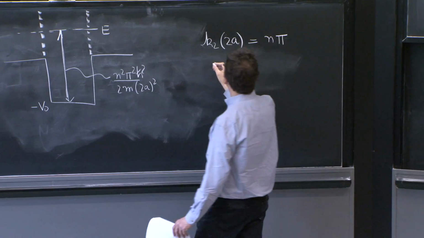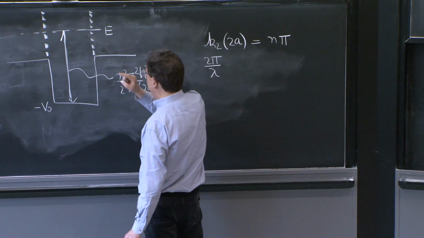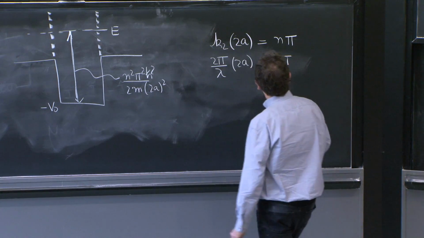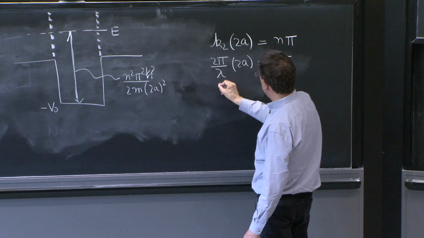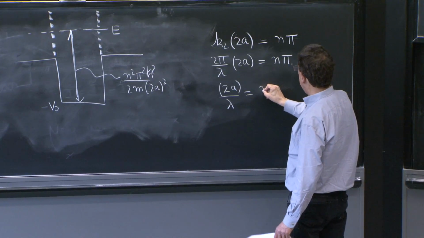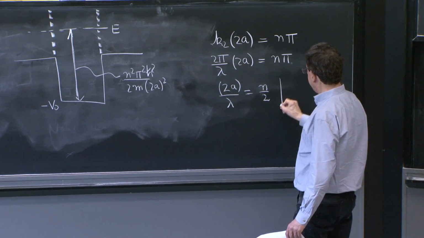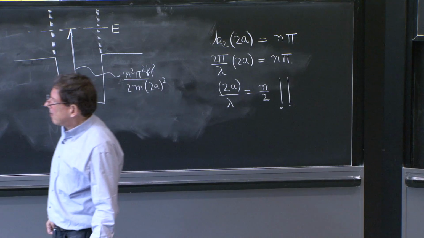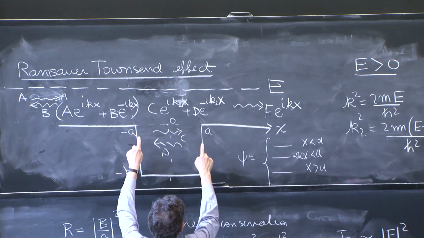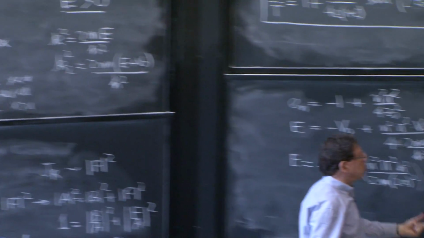But k2 is 2 pi over the wavelength of the wave that you have in this range, so 2 pi over lambda times 2a is equal to n pi. We can cancel the pi's and the 2's, and you get 2a over lambda is equal to n over 2. And what does that say? It says that the de Broglie wavelength that you have in this region is such that it fits into 2a.